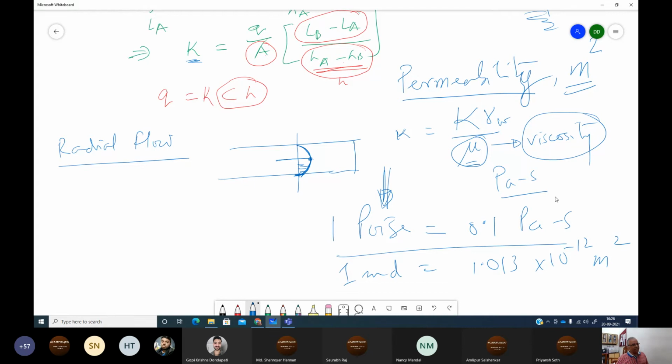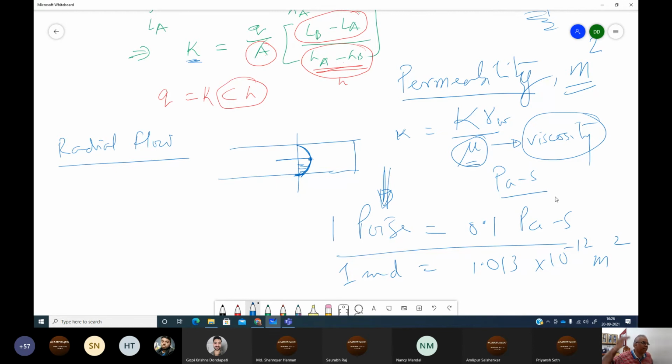So in a ballpark, you have to know that sand will be a few millimeters per second. The soil will be maybe 10 to the power minus 2 to 10 to the power minus 3 millimeters per second. This is the K value, the hydraulic conductivity value.